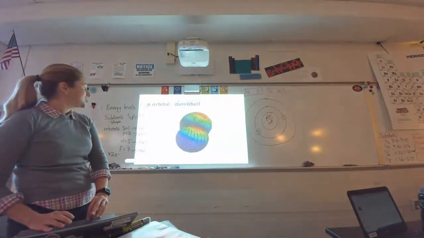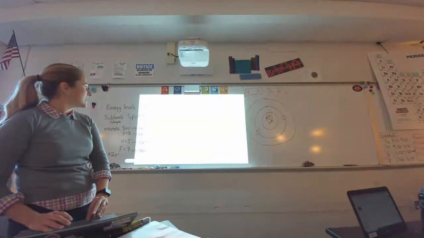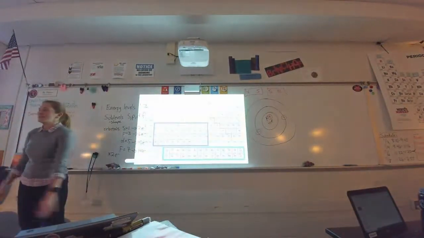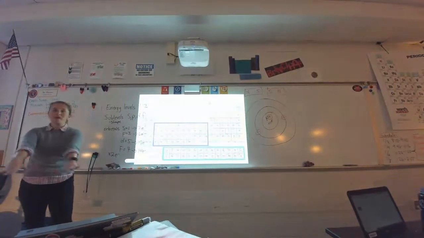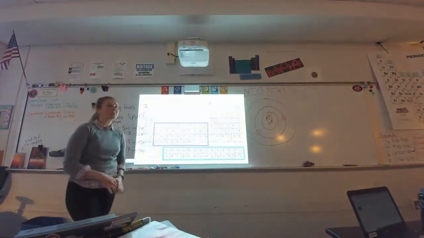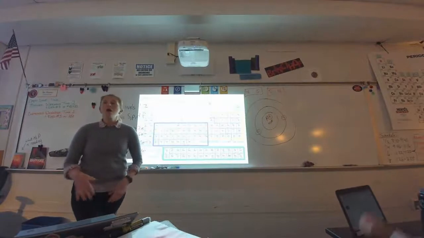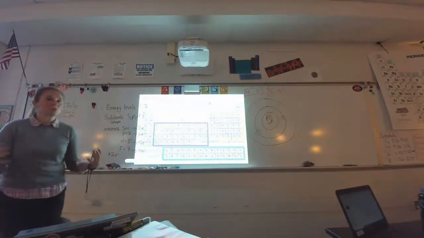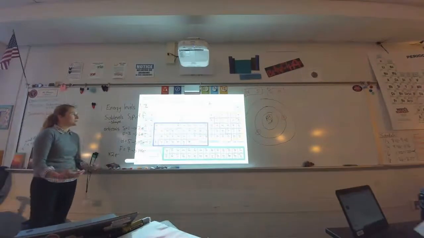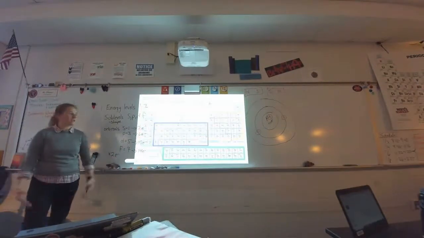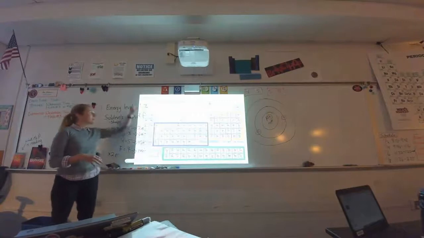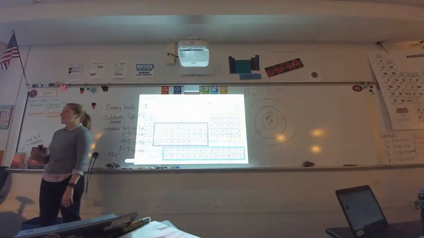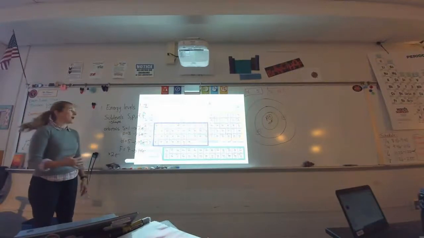So I made this little cheat sheet here on the side so that we can look at this. And this is where your own paper periodic tables come into play. I'd like you to color code, write on them, take notes, whatever you need. So if you're thinking, wow, this is a lot to remember, you don't need to remember it. The periodic table has it.